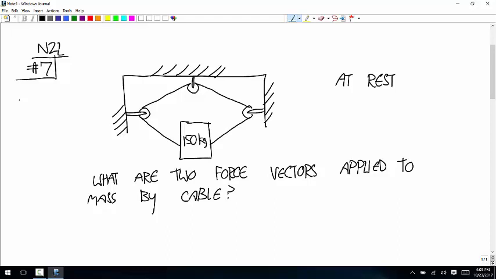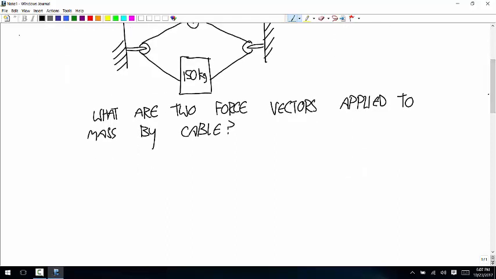We're going to use Newton's second law, so the first thing we have to do is a free body diagram of the mass. Yeah, it does give those angles. So we know that this angle is 40 degrees, and this one's 40 degrees.